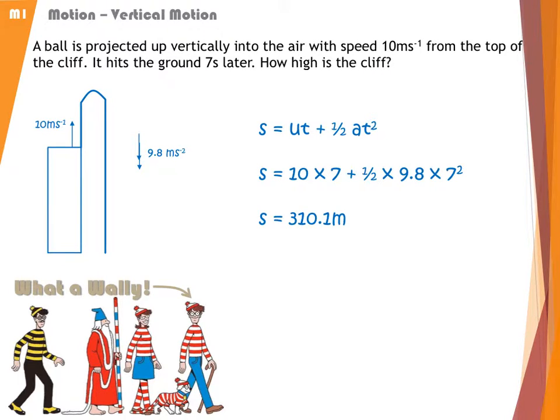My first thought might be they've got no SUVAT table here at all with the actual values, so that's definitely missing. But if we then look at their actual calculation, they've written the formula correctly. U, they're absolutely right, is 10. T is 7 because it told us that. And then they've substituted this all in fine. But because they haven't put on their positive direction or the table, they've made a mistake here.